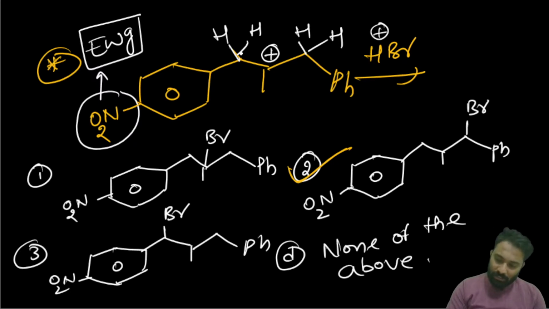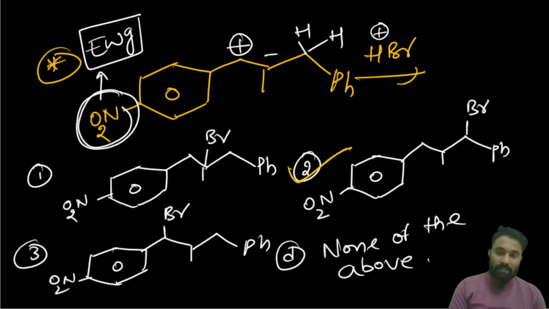If you shift a 1,2 hydride here onto the benzyl carbocation, due to the presence of this electron withdrawing group, this carbocation is unstable. If this carbocation is generated here, Br minus will attack here, but it is unstable due to the presence of this NO2. The NO2 group will destabilize this carbocation.